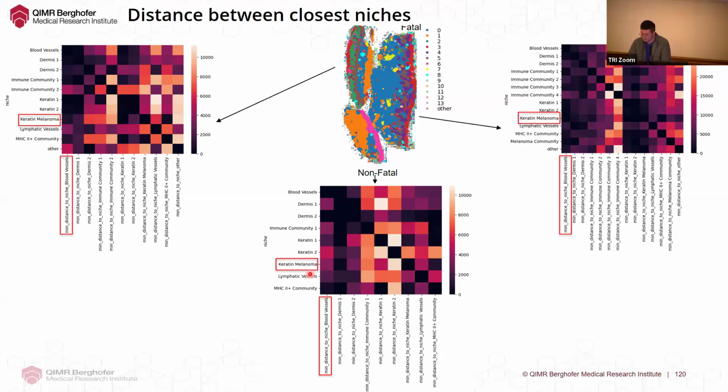And we can see in the fatal sample, the melanoma is very close to the blood vessels, but in the non-fatal sample, they are far away. It also suggests that vascular invasion may happen in those samples.